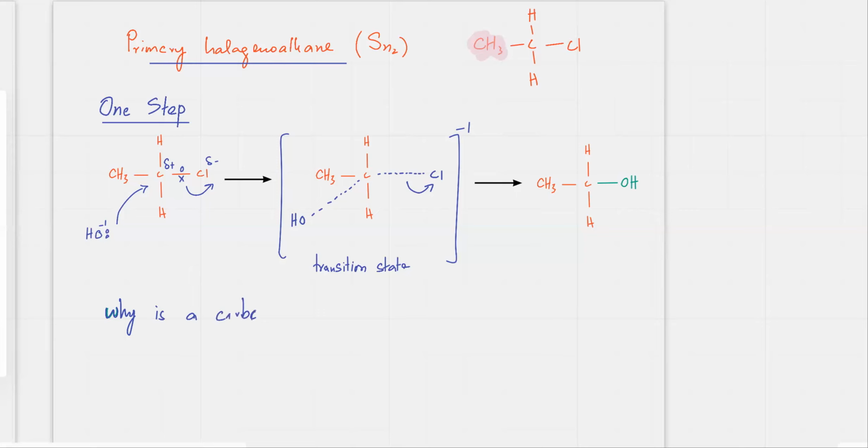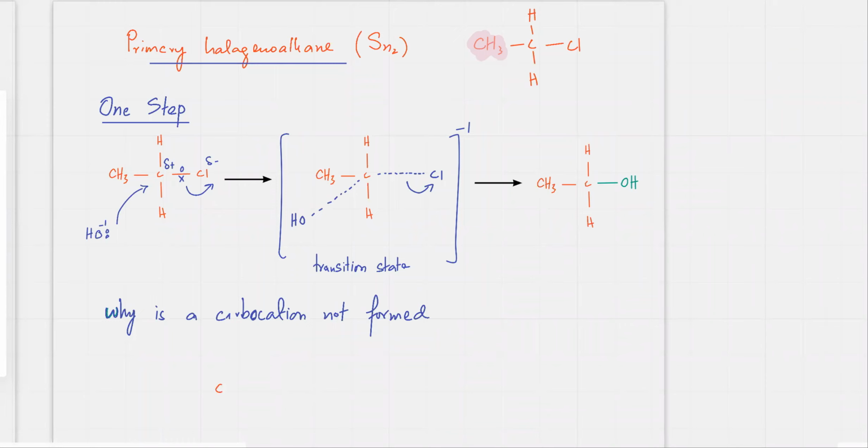So why is a carbocation not formed? Now, the answer to that particular question, basically the question is, why doesn't this happen?